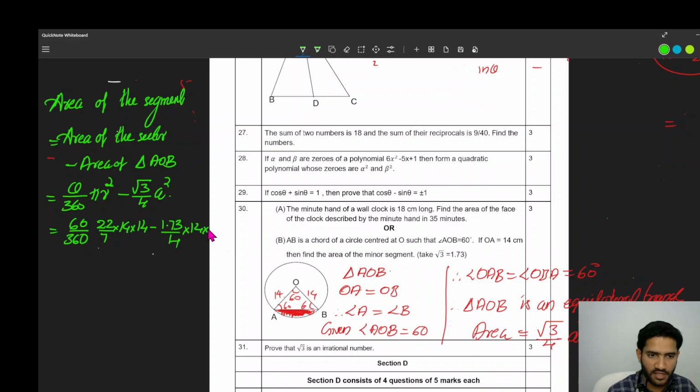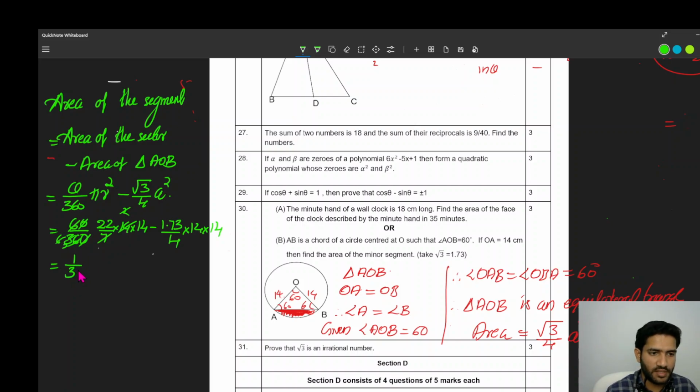So again 14 into 14. So we can cancel the zeros and 6, 6. We can cancel 7 and 14. So here it will be 2 times 6. We can cancel this 2 and 6, it will be 3.